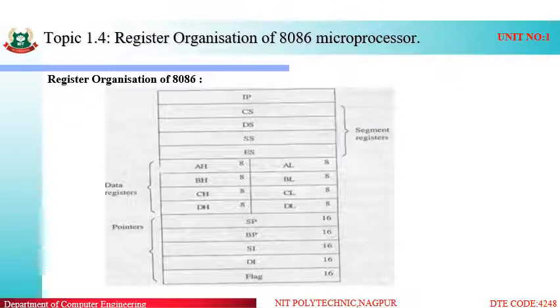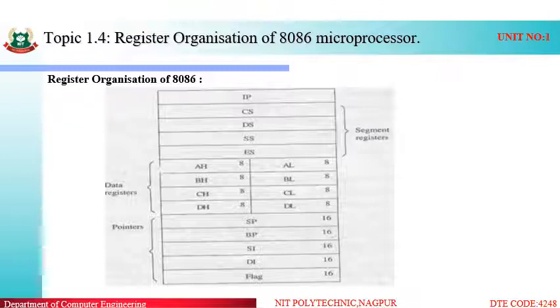SP stands for stack pointer, BP stands for base pointer. Next are the index registers, that is SI and DI. SI stands for source index, DI stands for destination index, and the last register is our flag register. It is also called the status register.